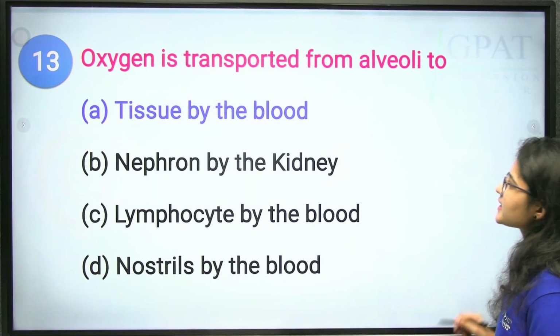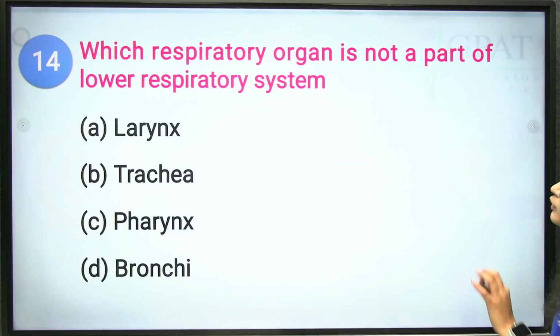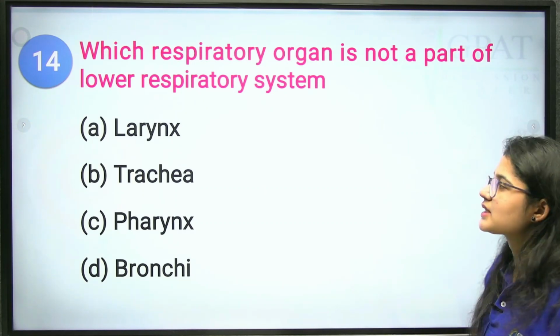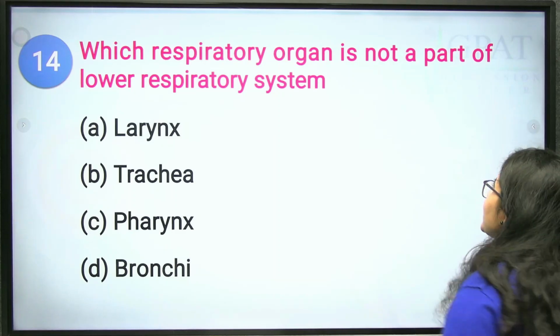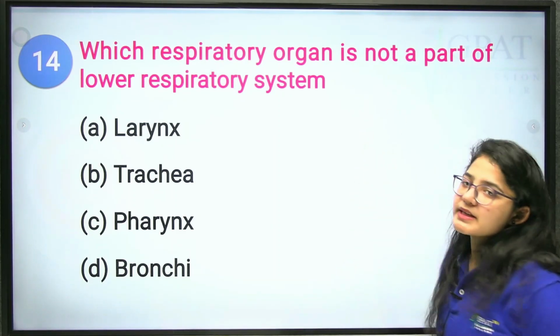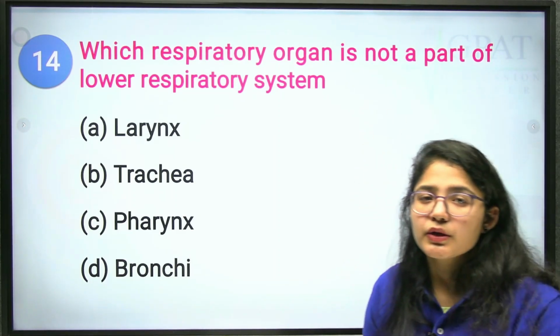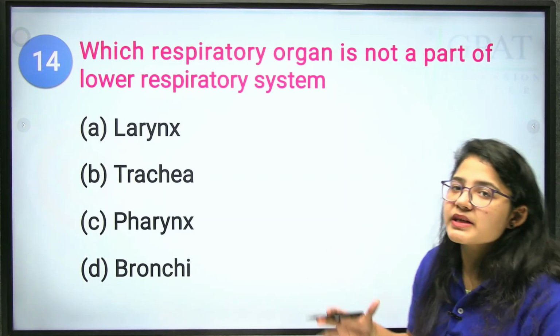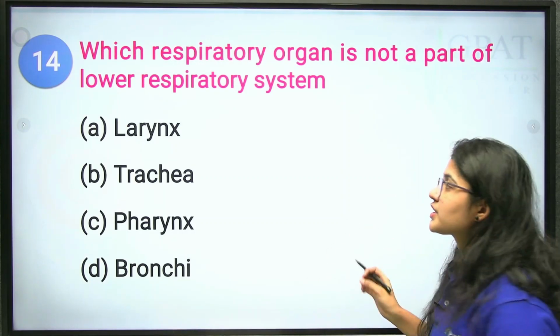Now the next question. Which respiratory organ is not a part of the lower respiratory system? Please understand, wherever you notice in the questions the words not, nor, except, incorrect, these words are very important. Look at the question once again.